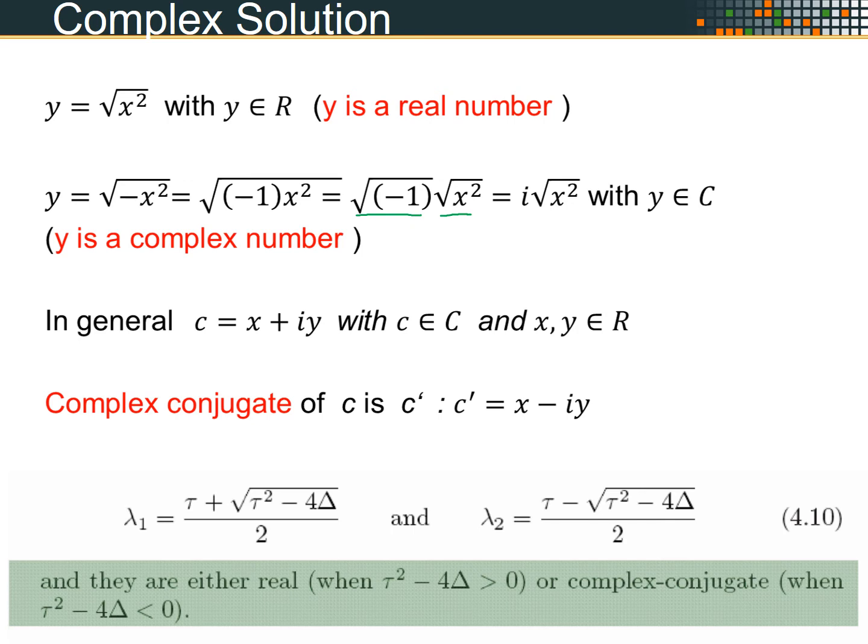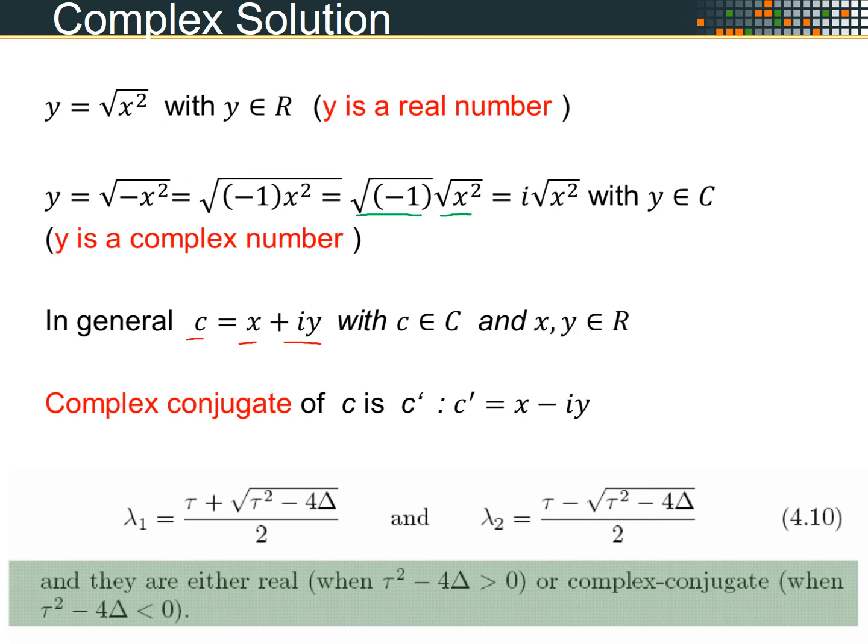So in general, we compose a complex number of a real part, here x, and an imaginary part that is given by y. That means a complex number has two parts, a real part and an imaginary part. Here x and y themselves are elements of R, and we are rendering it complex by multiplying y with i.